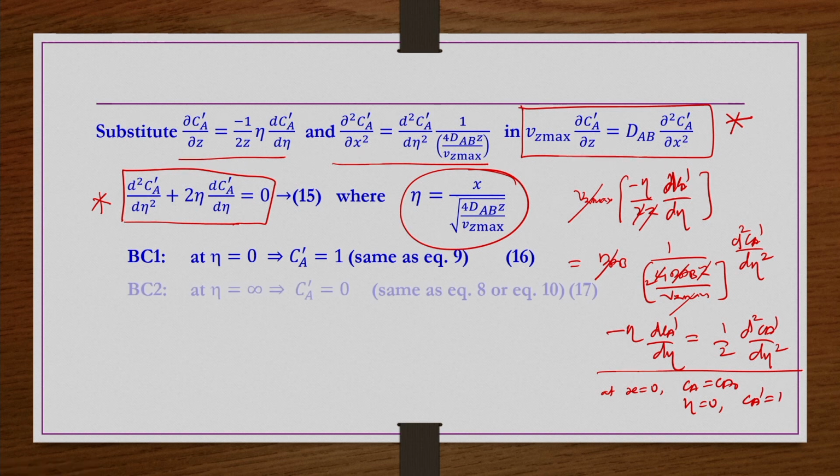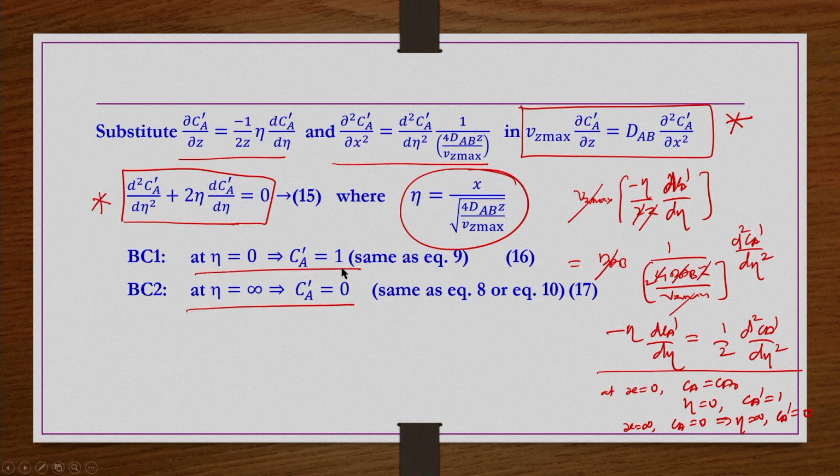And then the other condition, at x equal to infinity, Ca is equal to 0, that we understand. So, if x is infinity, that means η is infinity, and if Ca is 0, Ca' is also 0, because Ca' is nothing but Ca by Ca naught. So, these are the two boundary conditions in terms of η.